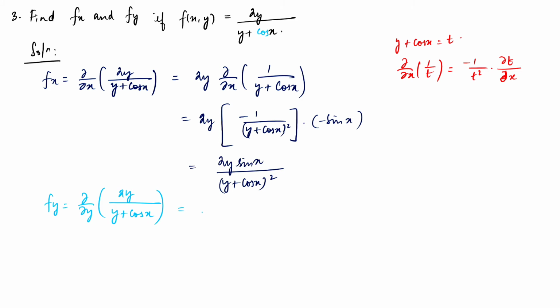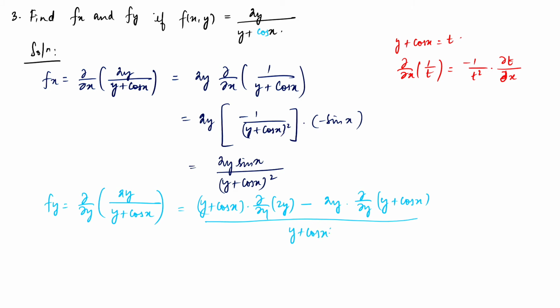So what does your quotient rule say? Sir, U dash V minus V dash U. The derivative of this one, minus having this as it is and the derivative of this one, upon y plus cos x whole square. Am I right? Yes, sir.